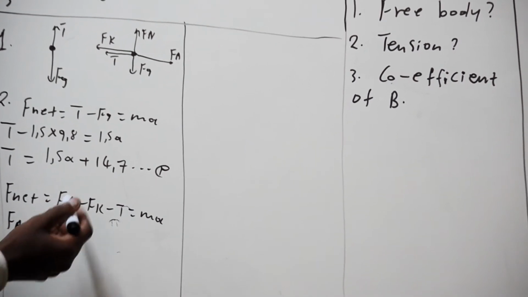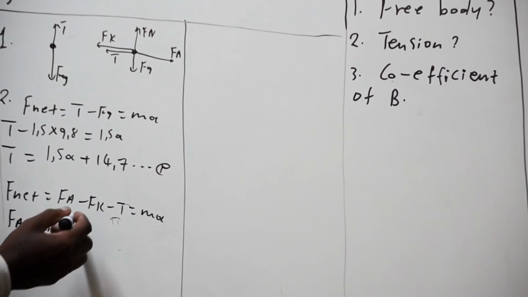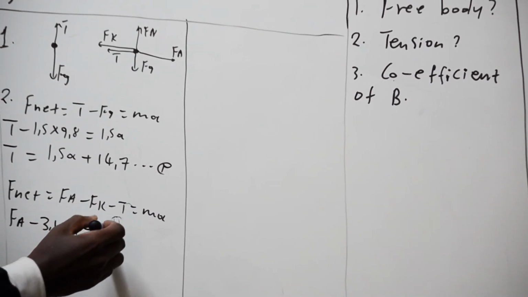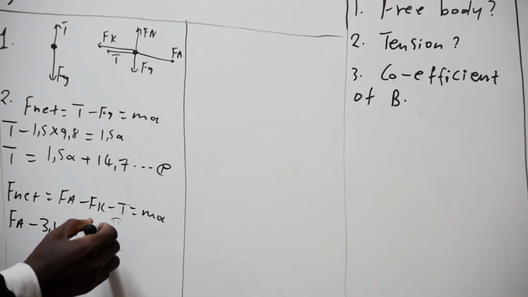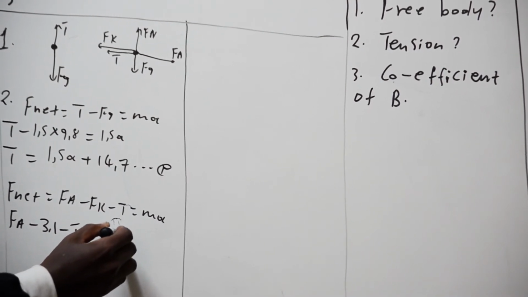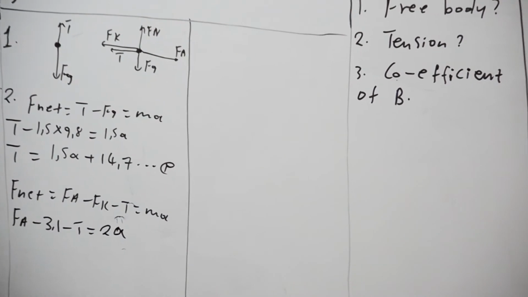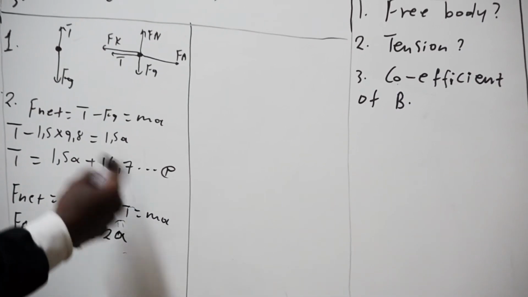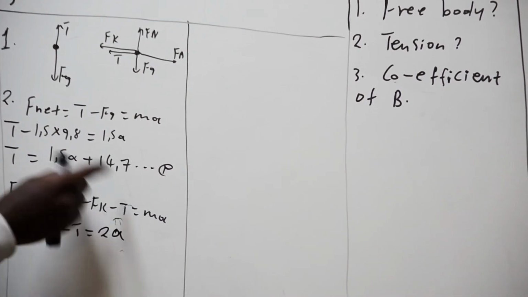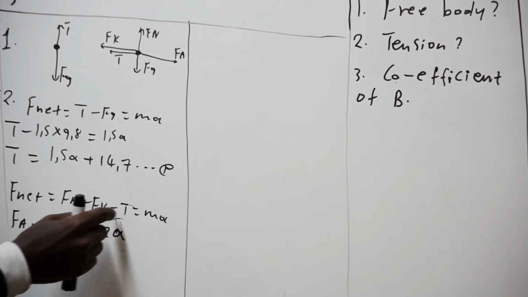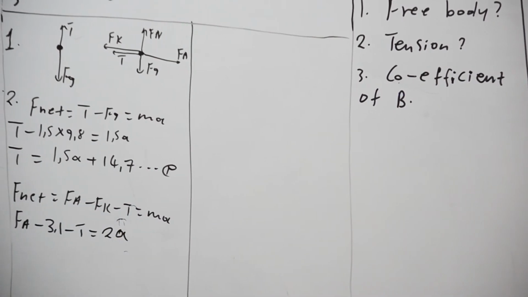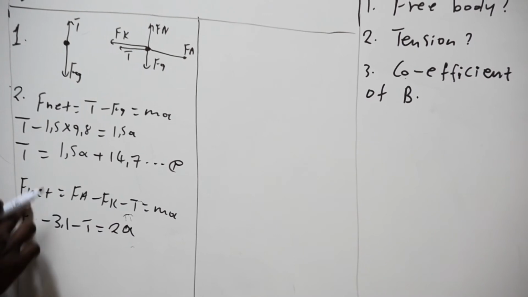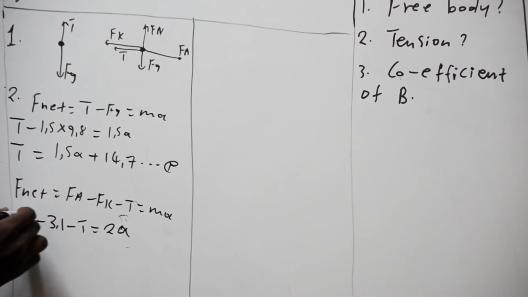In your textbook or with your teacher you may use cos 180 to show the direction of the force. If your teacher uses cos, be careful, because it will come with a plus. Since I put the minus sign directly, I already consider it negative, but if you use cos it will be plus or minus, so the cos 180 takes care of that. So your FA is given, which is 20 Newton.